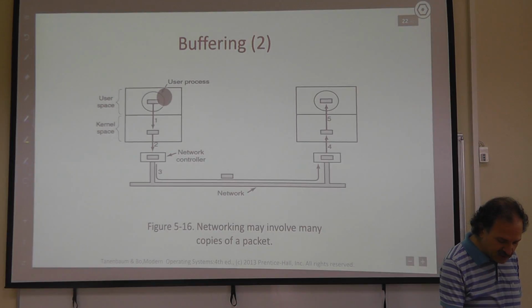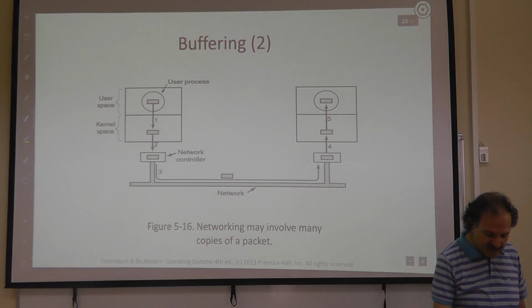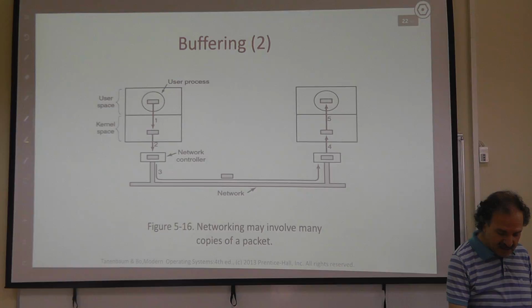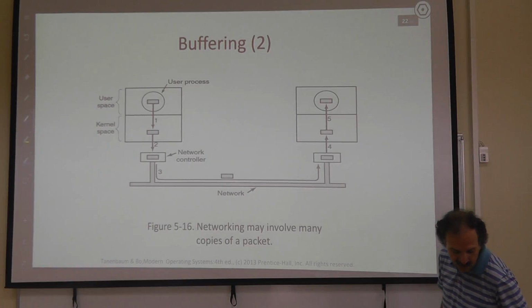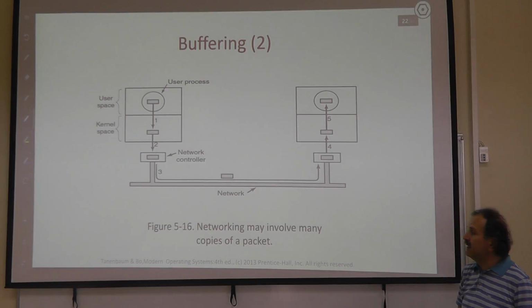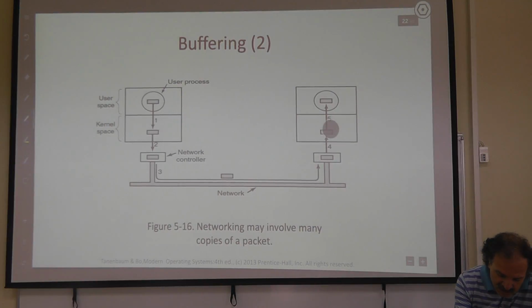I copy the contents of this buffer from the user space to the kernel space. From kernel space, the buffer is copied into the buffers of the device controller, and then this data is sent bit by bit to the other device controller. It is copied from this position to that position, and again to the user space.